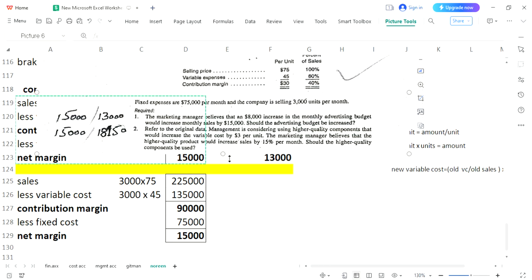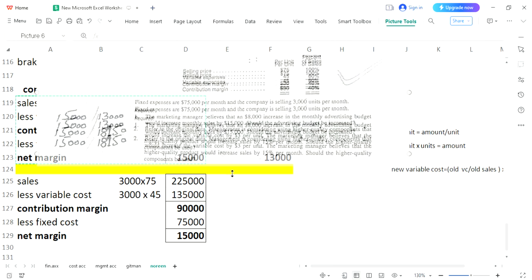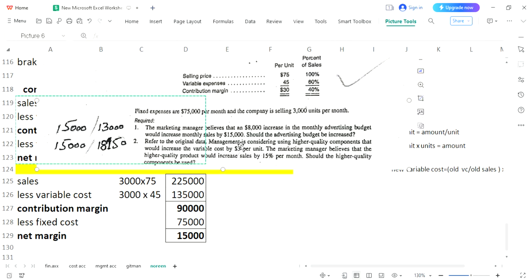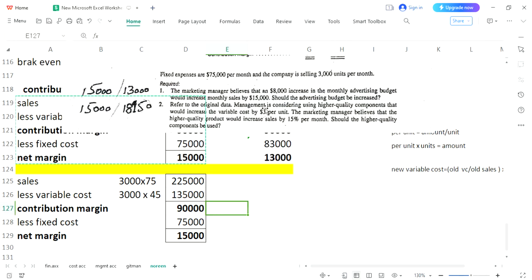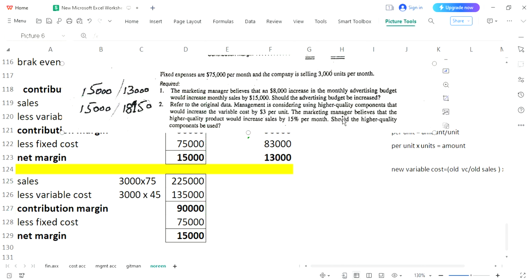Very interesting decision. Now again you will have to decide something, and what would be your decision? You want to increase your variable cost by 3. Why are you increasing it? Because this way the quality of your product will be increased.